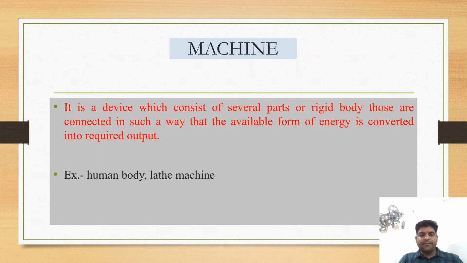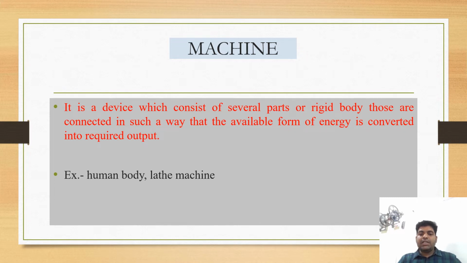In this slide we are going to discuss what is machine and what a machine can do for a human. As we know, a machine is a device which consists of several parts or rigid bodies that are connected in such a way that the available form of energy is converted into the required output.